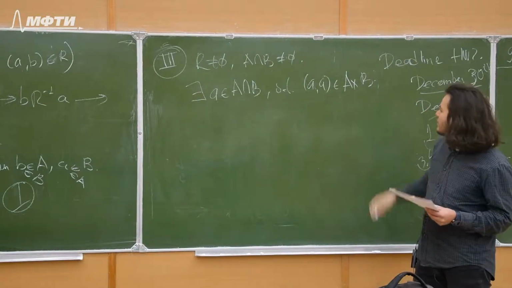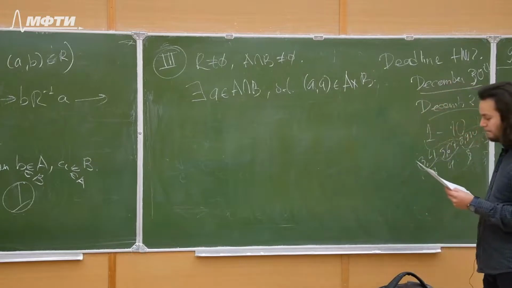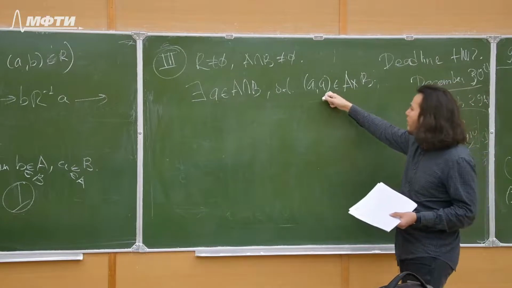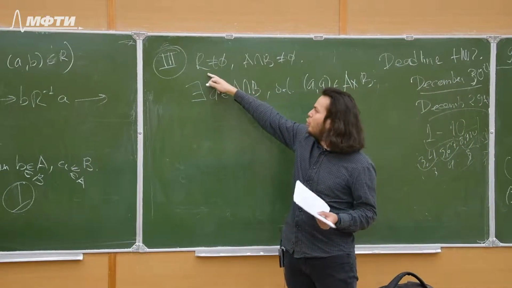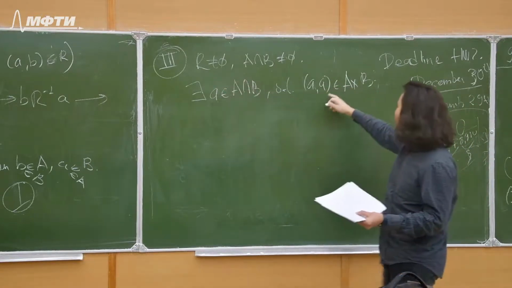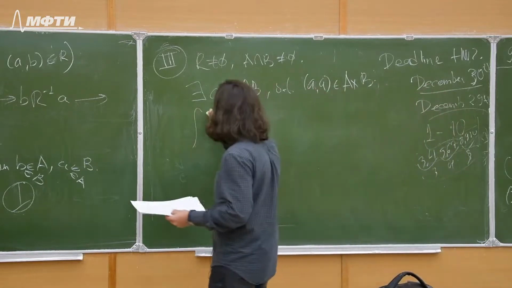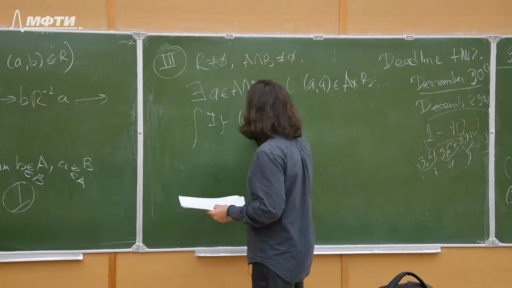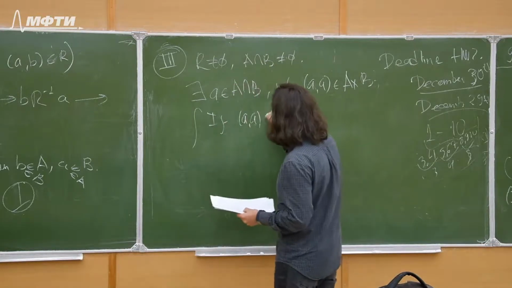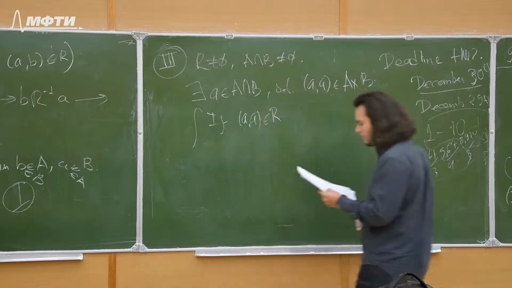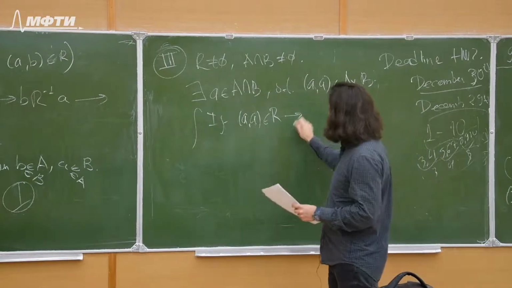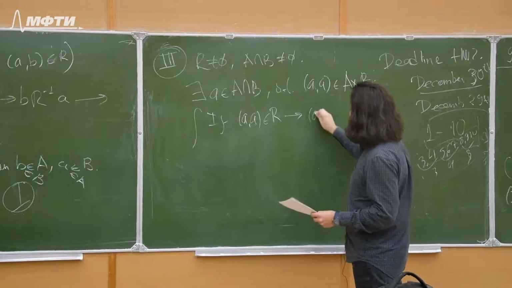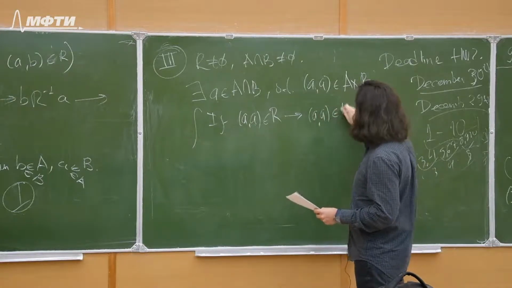So we have two cases. Either this ordered pair belongs to R or it doesn't, right? If the ordered pair (a, a) is an element of R, then (a, a) is an element of R⁻¹, right?